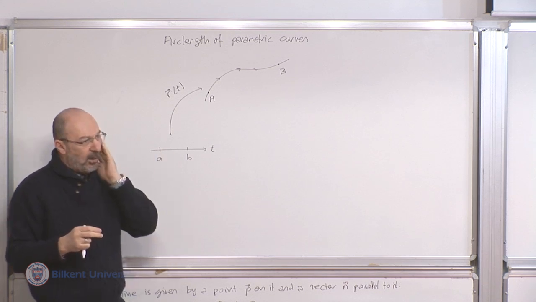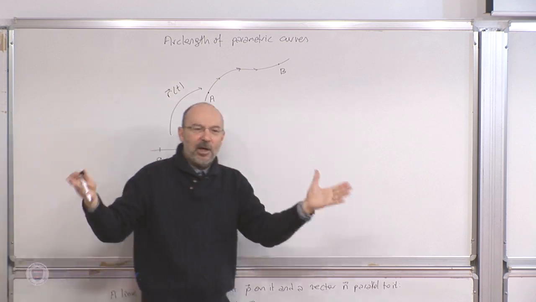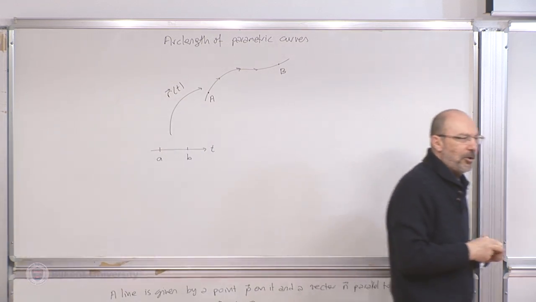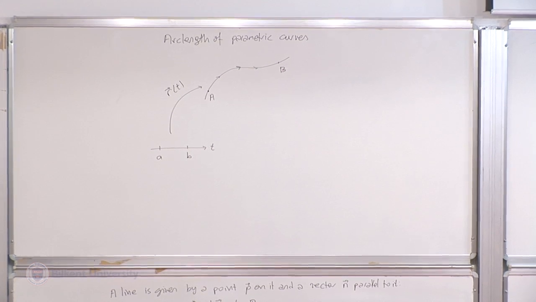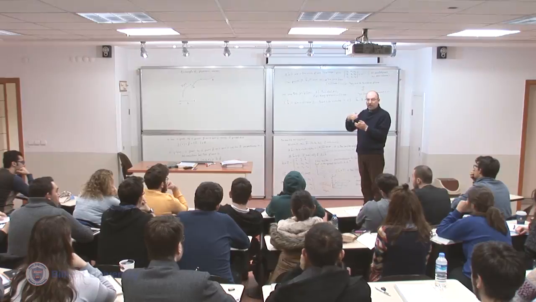So how do we guarantee that? We can give this long explanation, but how do we check it? One way is to check that the speed is never zero. Actually, what we want is that the velocity will never be negative, so that the vector will never go back.